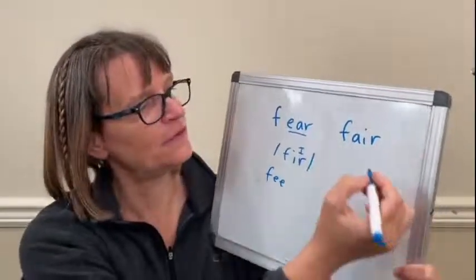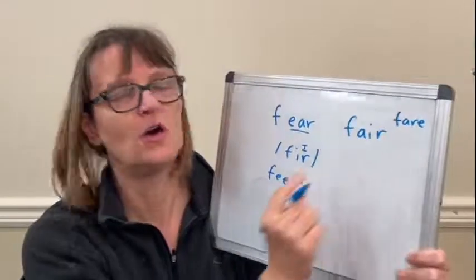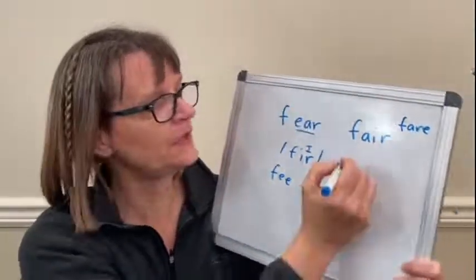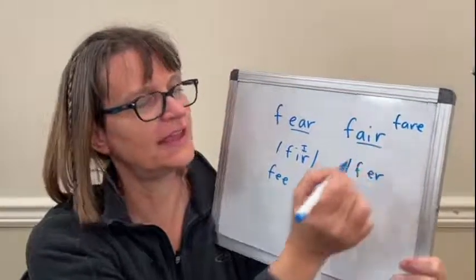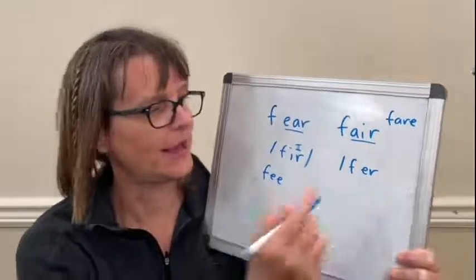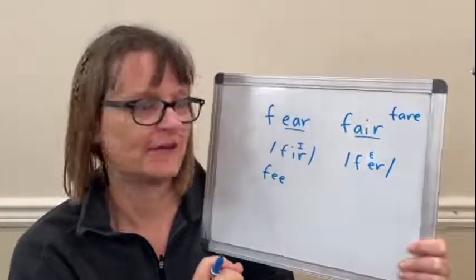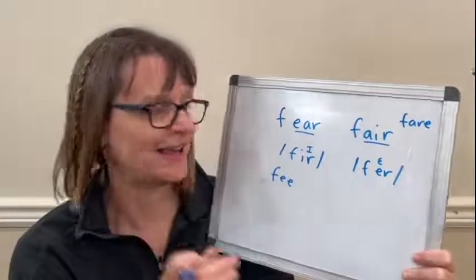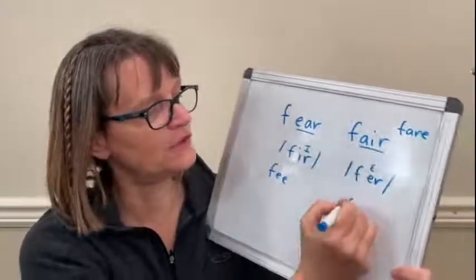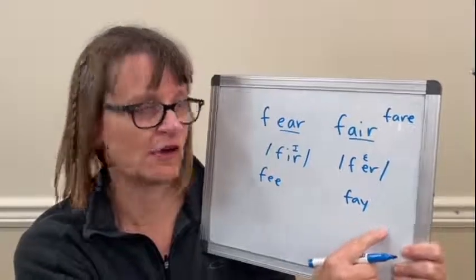And then for fair, we also have this spelling, like pay your fare, or it's fair. We have the air diphthong, which I think of again as like the word air. You may see that in the dictionary this way, like fair, but I again think that we use that A, that tense A, when we're saying fair. So for fair, you may want to think about fair.